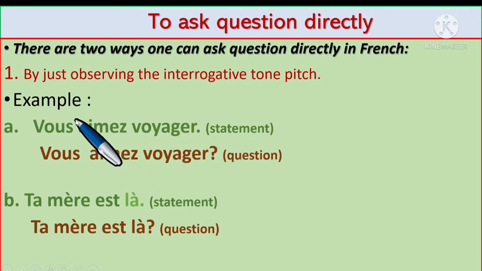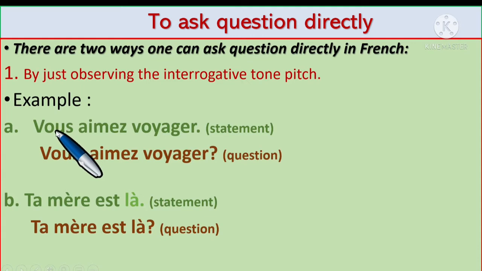You can see that in writing these two sentences, the structures are the same. No restructuring, no rearrangement, it just remains the same thing. The only difference is this full stop and the question mark. All right, but in speaking, let's see the difference.